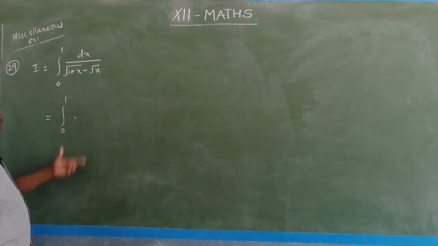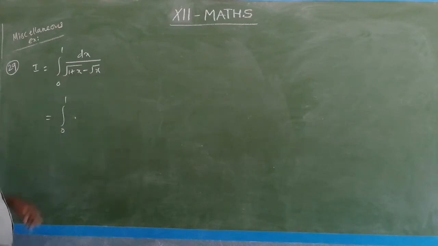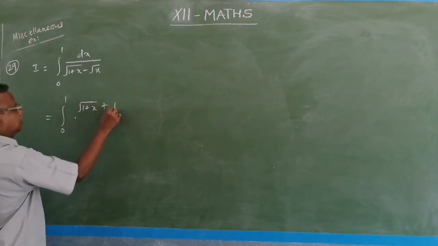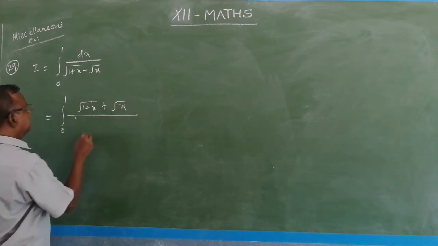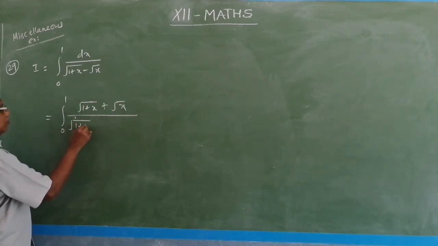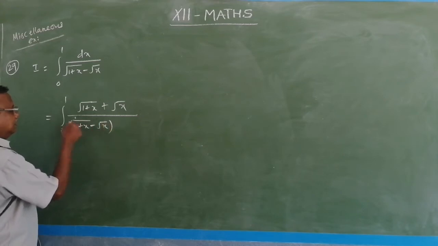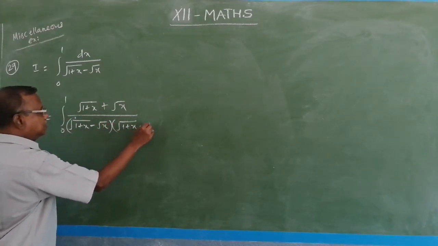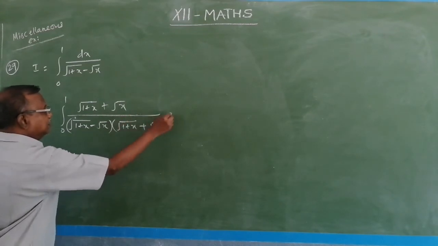We can multiply and divide by the conjugate of the denominator, that is root of (1 plus x) plus root x, divided by root of (1 plus x) minus root x into root of (1 plus x) plus root x into dx.